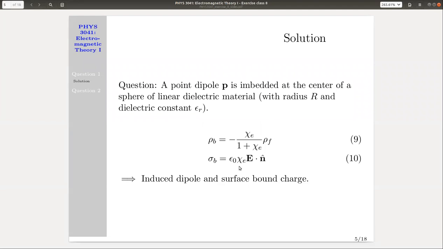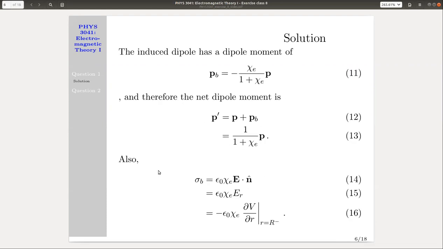So we can simply use the relationship that we just derived to get the induced dipole moment in that dielectric material.